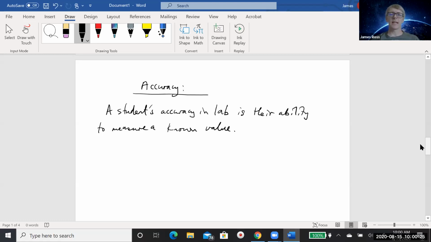Absolute error. So analogous to absolute precision, we can look at absolute error, which I'll call AE.